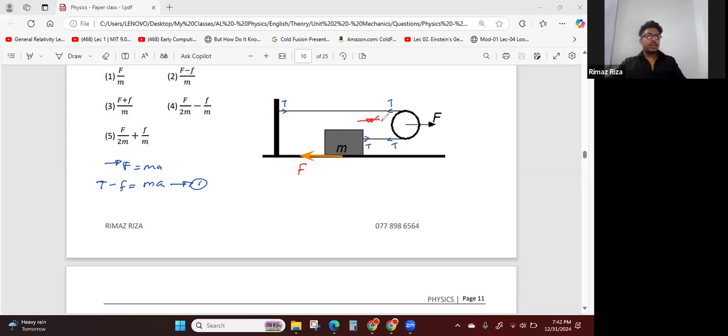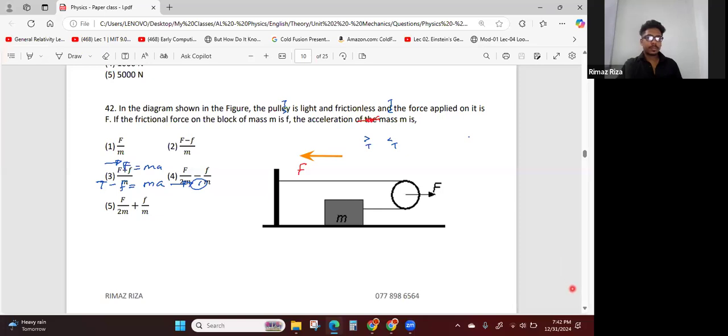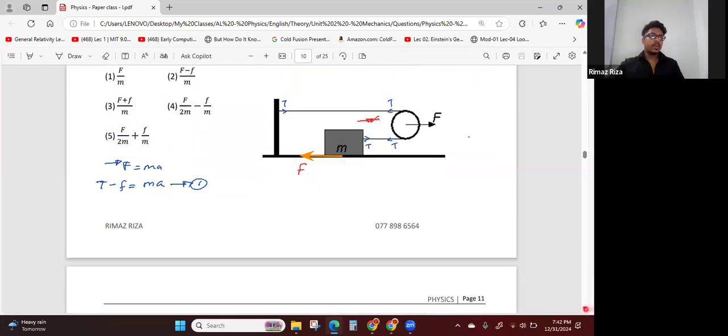And then I can consider this pulley. It says the pulley is light, so it has no mass.